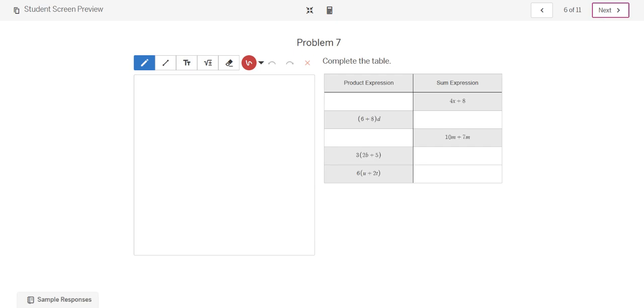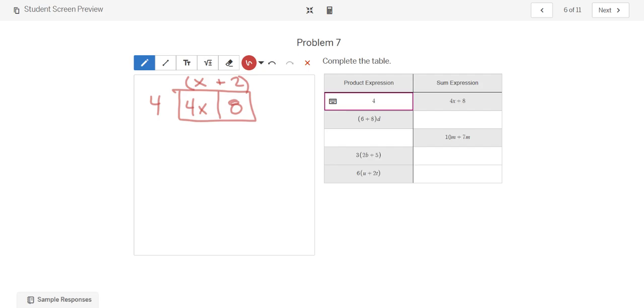Complete the table. If I have a 4x and an 8, there's a few different ways to break it down, but I'm guessing that they're going to put the 4 out here and they're going to have the x plus 2 on top. So 4 times the quantity x plus 2. But I could have also pulled out a 2.